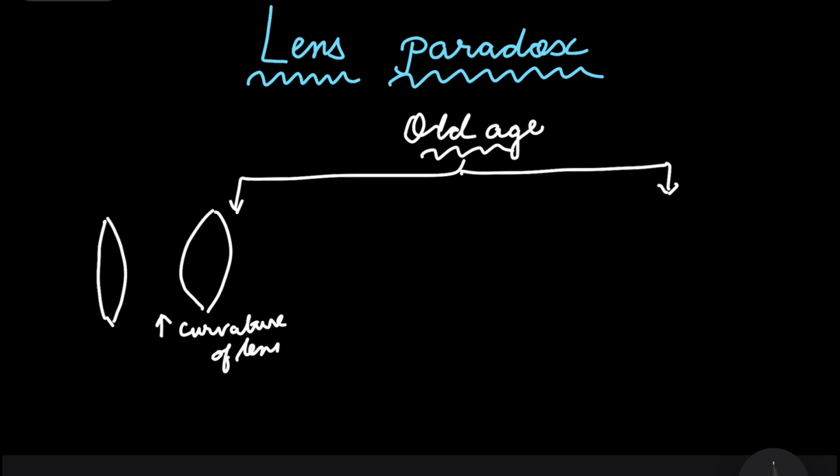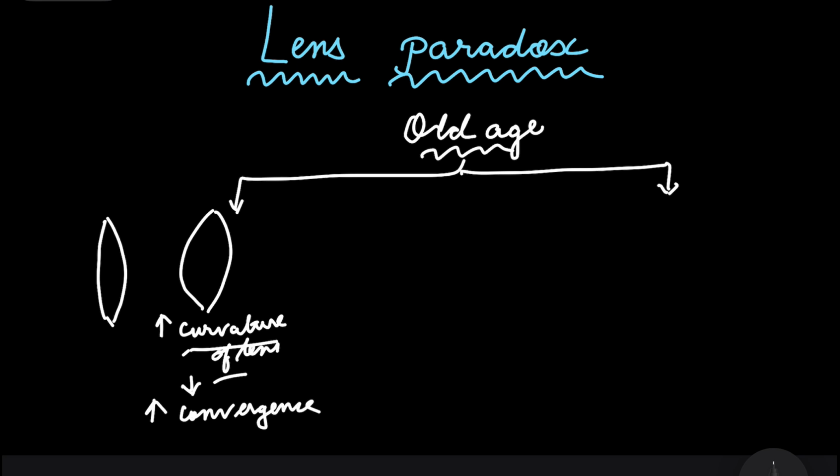Now, if the lens becomes more and more curved, from our previous video discussion, where I have done a very detailed discussion on this, if the curvature of the lens increases, what is going to happen to its converging power? Yes, it is going to increase. So that means that this will lead to increased convergence.